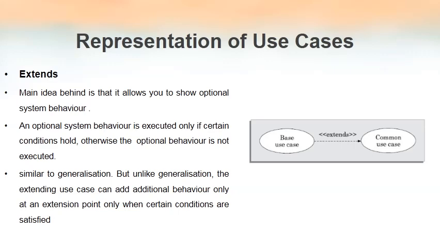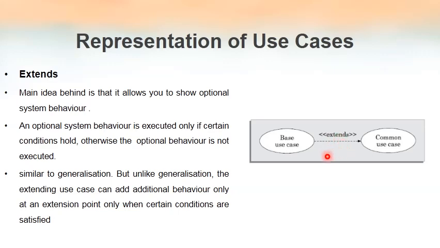Okay, and this optional system behavior is executed only if certain conditions are held. Otherwise the optional behavior is not executed. So this extends is similar to generalization, but the only thing is here we have to think of some conditions. That is, this optional system behavior will be executed only if some conditions are met.